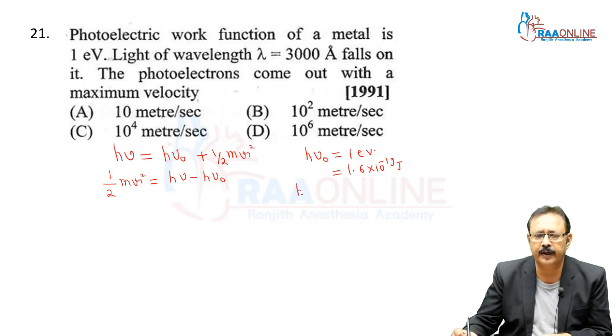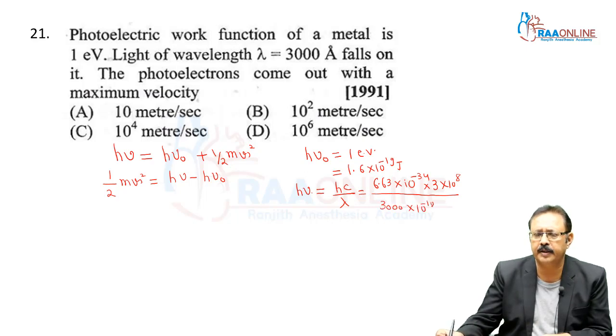Now we will calculate the energy sent by you towards the surface. h nu means hc upon lambda. h is 6.63 into 10 to the power minus 34, into 3 into 10 to the power 8, by 3000 angstrom, which means into 10 to the power minus 10 meter.